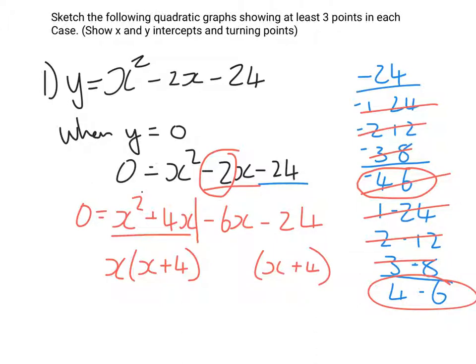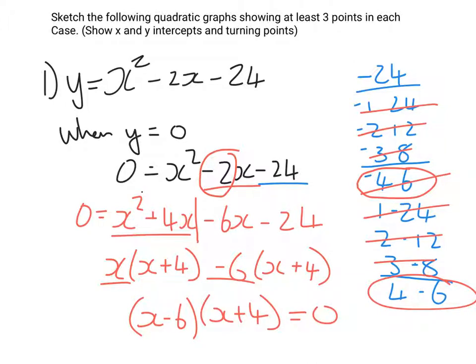Now, what goes outside my bracket in order to get minus 6x minus 24? What would need to go here? Minus 6 times the x, minus 6 times the 4. Yep, so minus 6. And now my x plus 4 is one of my brackets in my answer, and I stick the x minus 6 together. Yeah, x minus 6 times x plus 4 equals 0. Okay? So that now we've factorized our equation.